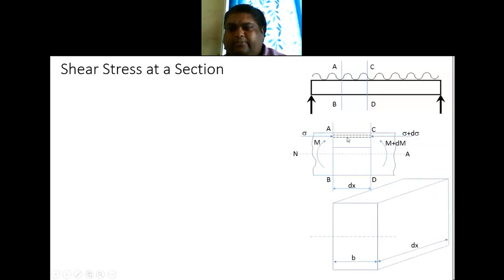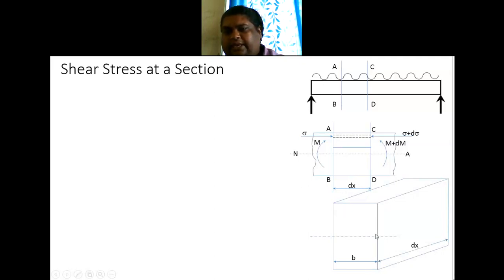Now I am further taking this particular cross section from AB to CD, slicing it and tilting it. So the width of this beam is B, this is the depth of the beam, and this is dx.